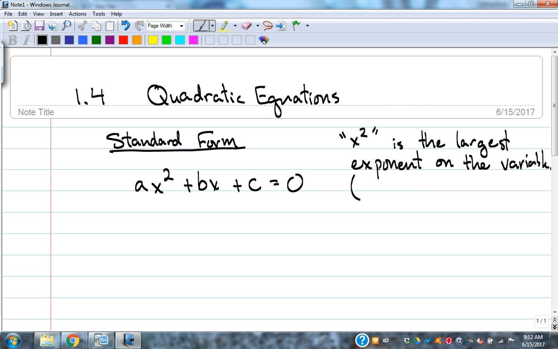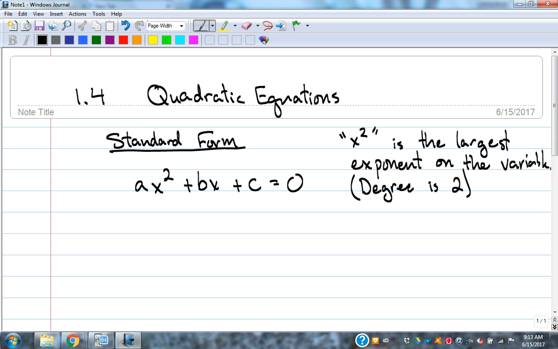That means, relating this back to what we talked about before, the degree is 2. So x squared is the largest exponent, the largest piece in there. That's what makes it quadratic. If you had x cubed, it's not quadratic. X to the third power makes it a cubic equation, and we'll talk about that June the 27th. We'll talk about how to solve those.